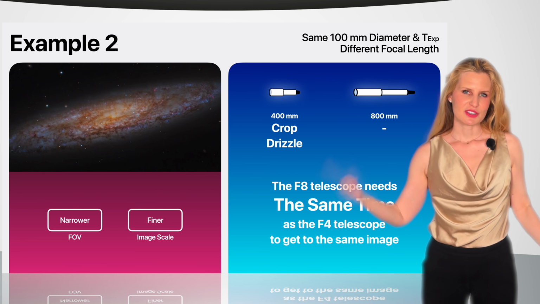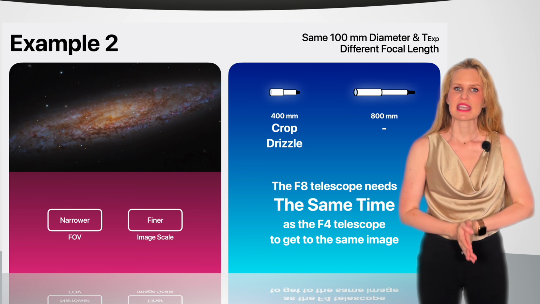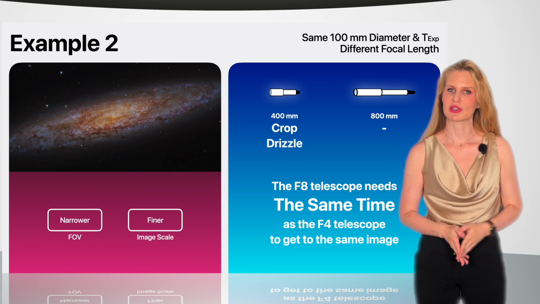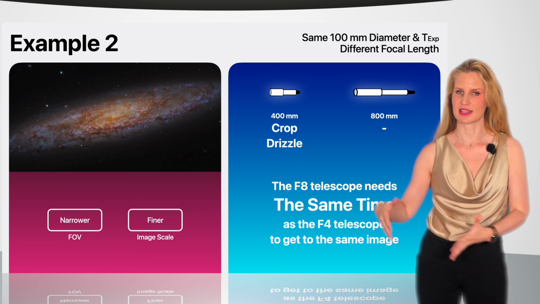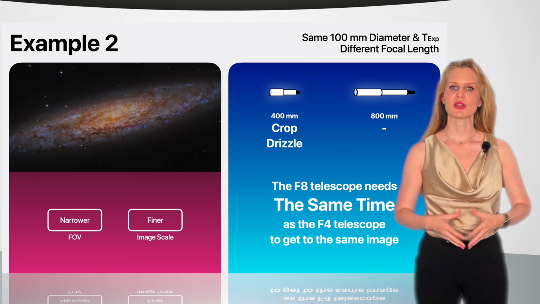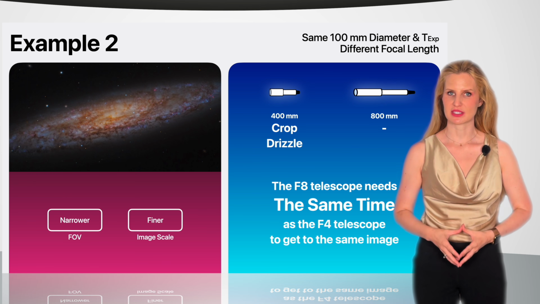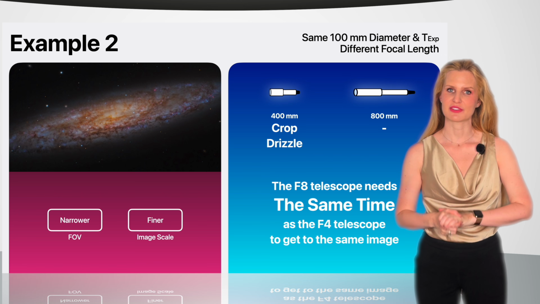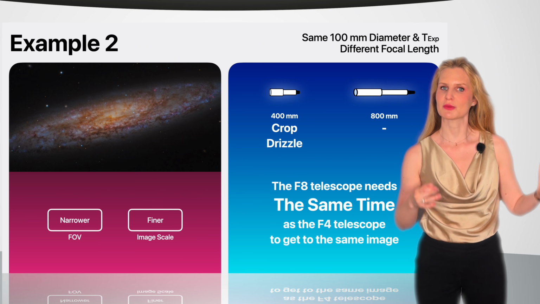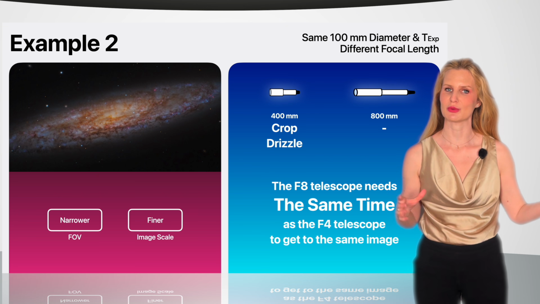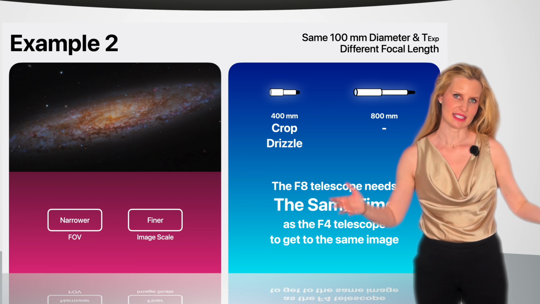Now, let's reverse the question. How do we replicate the native image of the slower f8 telescope using a faster f4 scope? Here, we also need to do two things. First, we crop the wider field image from the fast telescope to match the smaller field of view of the slower one. That's easy.